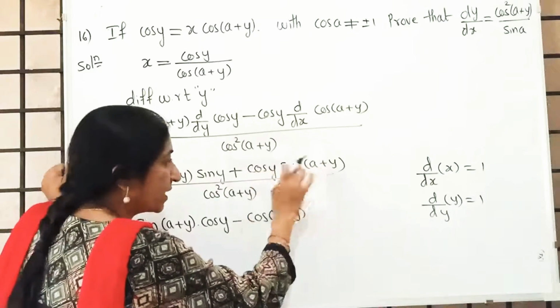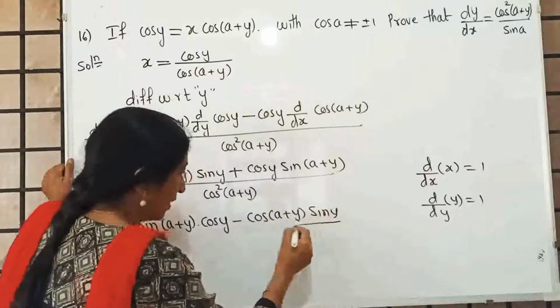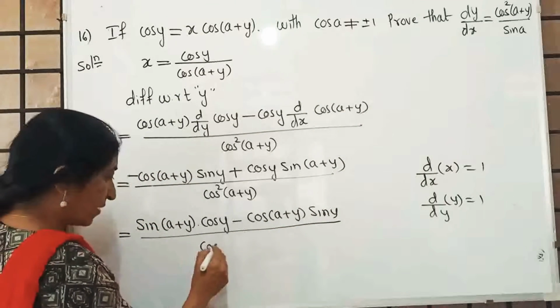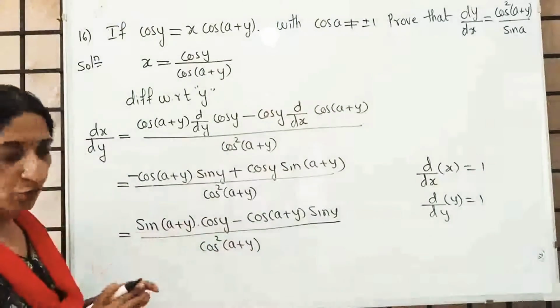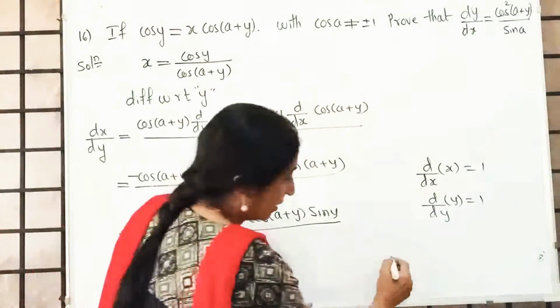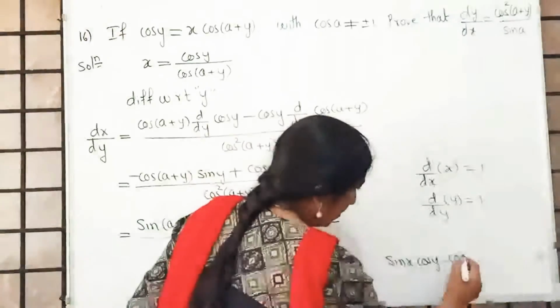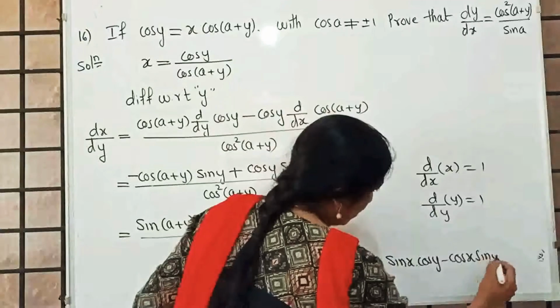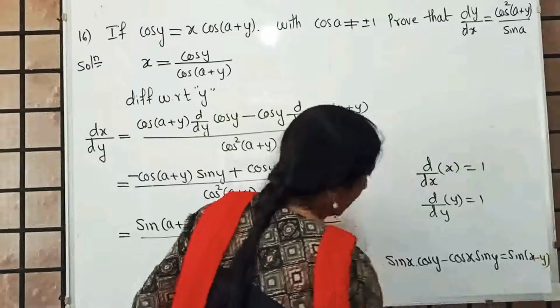That means first I am writing these two terms, then these two terms, into sin y divided by cos²(a+y). Now have you remembered any formula here? Yes, the numerator is in the form sin x cos y minus cos x sin y, that is nothing but sin(x minus y).